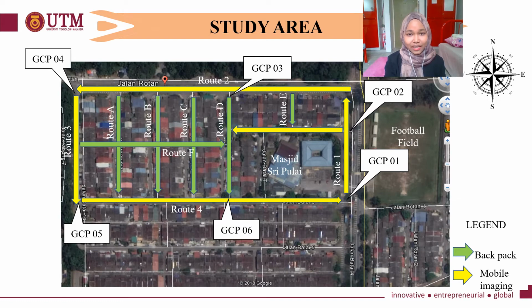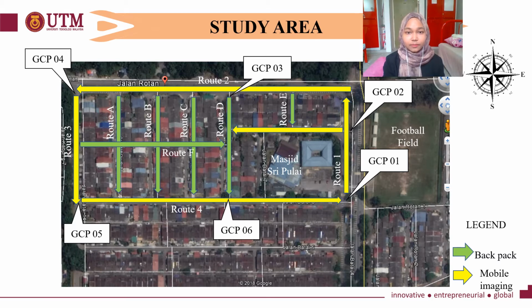So for this study area, as we can see, there were 6 ground control points along Route 1, Route 2, Route 3, and Route 4, assumed as the 4 main routes covering this study area, using mobile LiDAR equipment for data collection by vehicle.